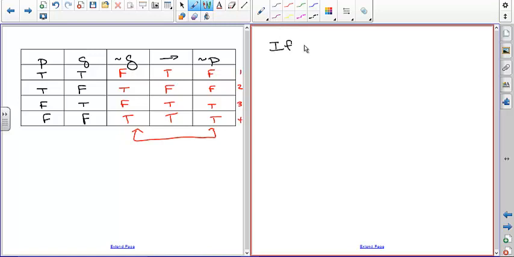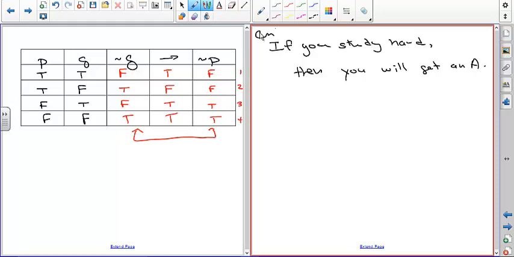If you study hard, then you will get an A. Okay, so that's the original conditional statement. It's an if-then statement.